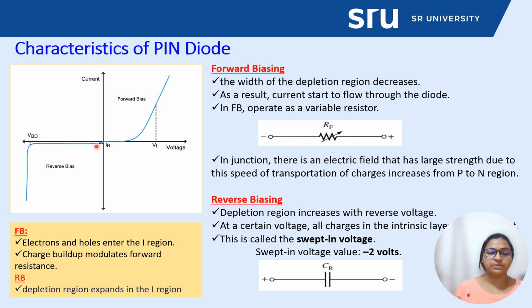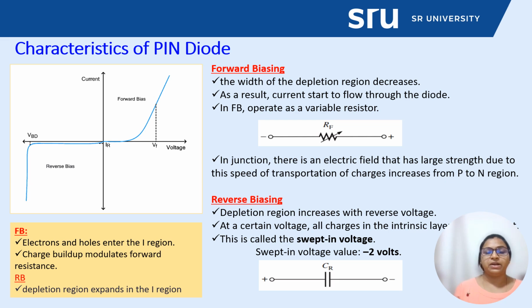Before this spike, the reverse current part is very similar to the normal PN junction diode. So this is a very special kind of diode: from the same die we get different forward and reverse characteristics, as a variable resistor as well as a capacitor.